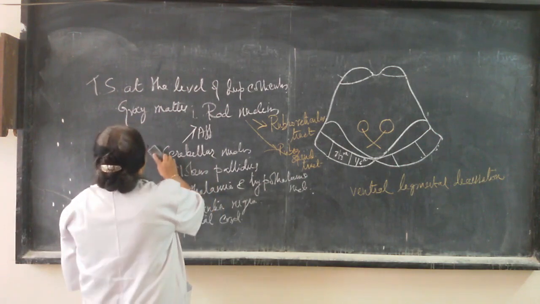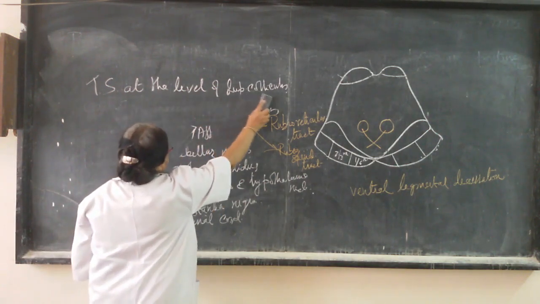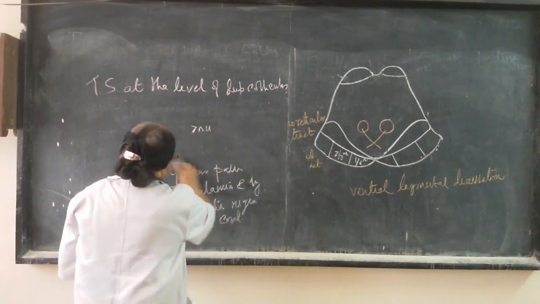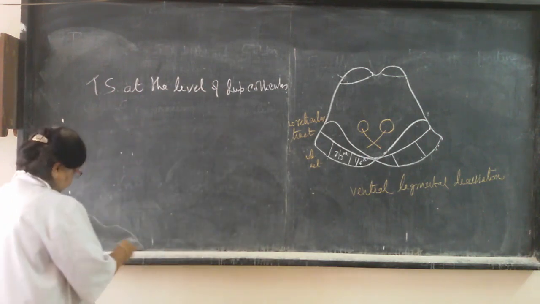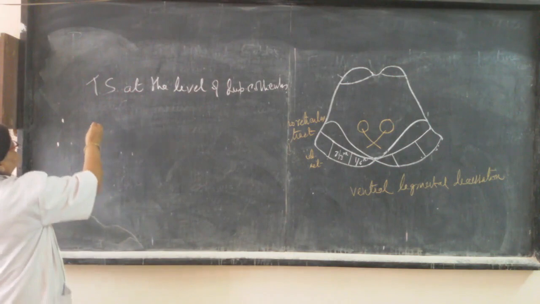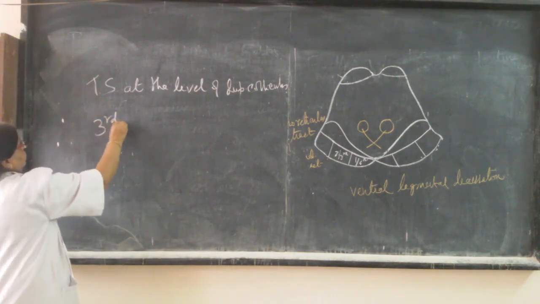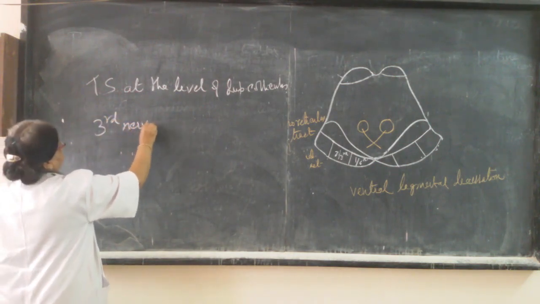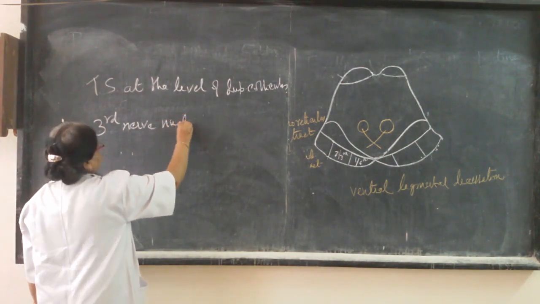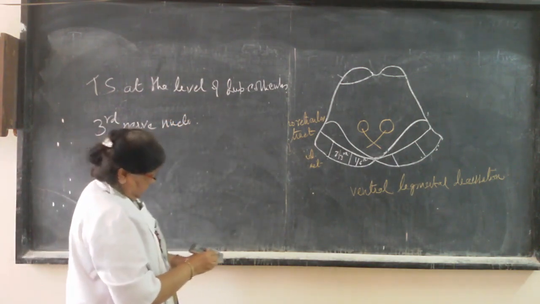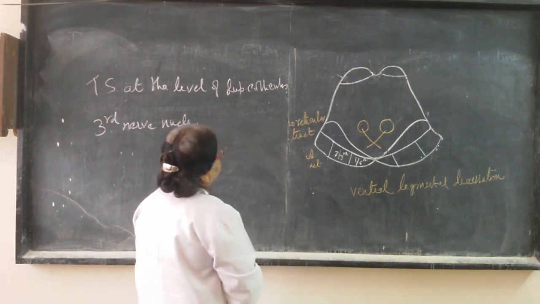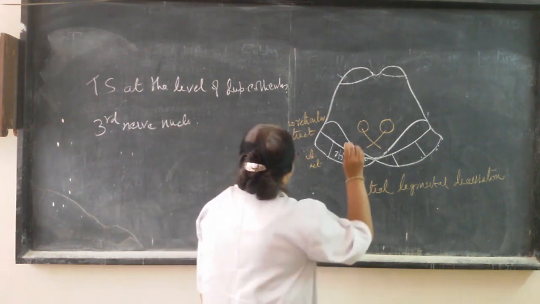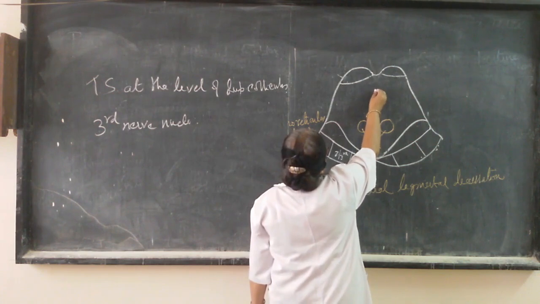Then there are the third nerve nuclei. They are found in the floor of the aqueduct of Sylvius.